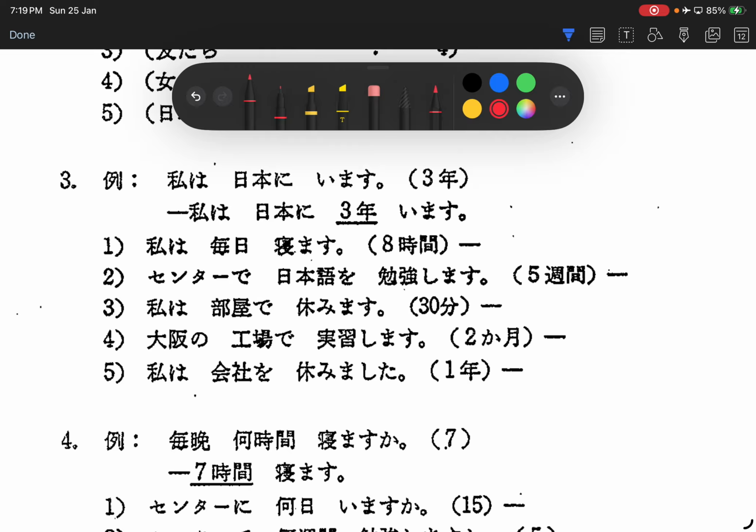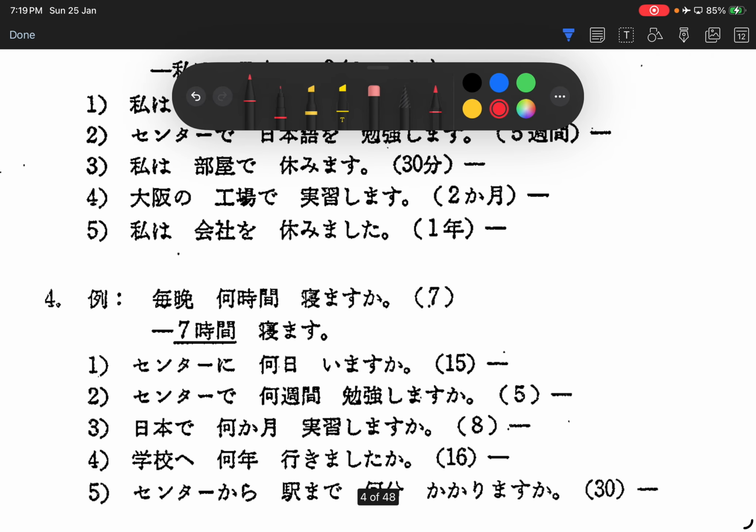So 日本語を5週間勉強します。Number 3. 私は部屋で休みます。30分。Very good. 部屋で30分休みます。Number 4. 大阪の工場で実習します。bracket 2ヶ月。工場で2ヶ月実習します。Thank you. Number 5. 私は会社を休みました。1年。会社を1年休みました。Very good.